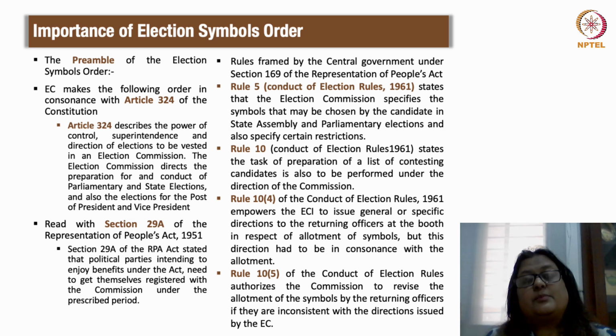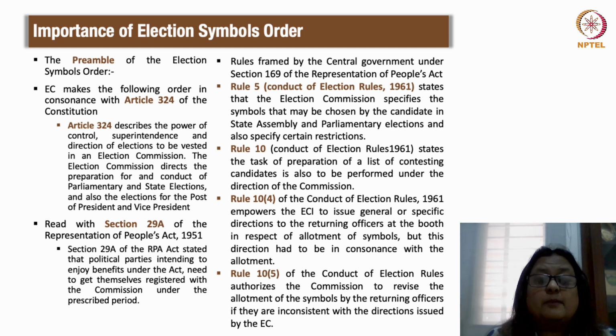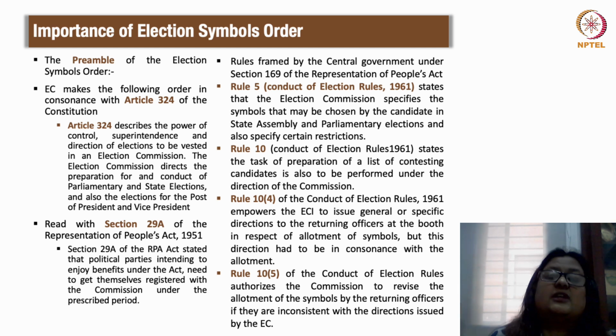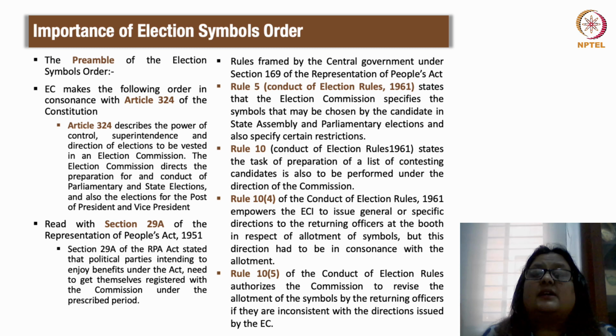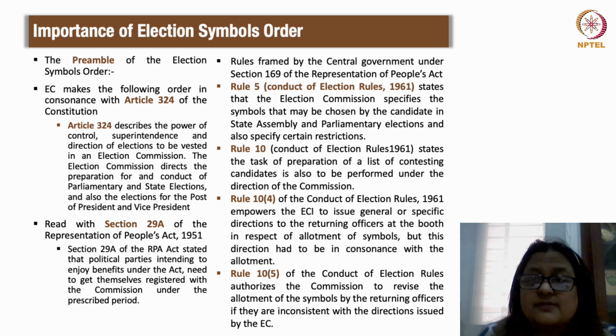It also derived its powers from Section 29A of the Representation of People's Act, because for conducting free and fair elections, the identification of political parties as a national party or a state party or an independent party was a very important factor. Now, under the Symbols Order, the rules framed by the central government under Section 169 of the Representation of People's Act were also considered. Rule 5 of the Election Rules of 1961 was also considered.